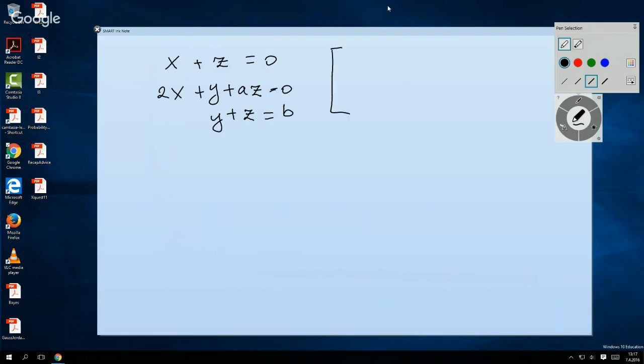Let's do it. 1, 0, 1, because 1 multiplies x, 0 multiplies y, 1 multiplies z, 0; 2, 1, a, 0; 0, 1, 1, b. Okay? Do we all agree this is the augmented matrix? I might have made a mistake.